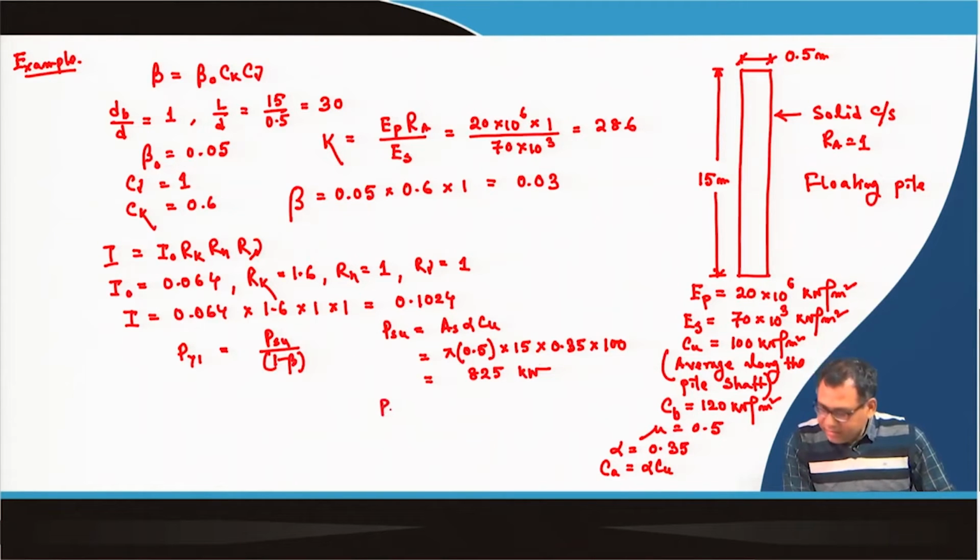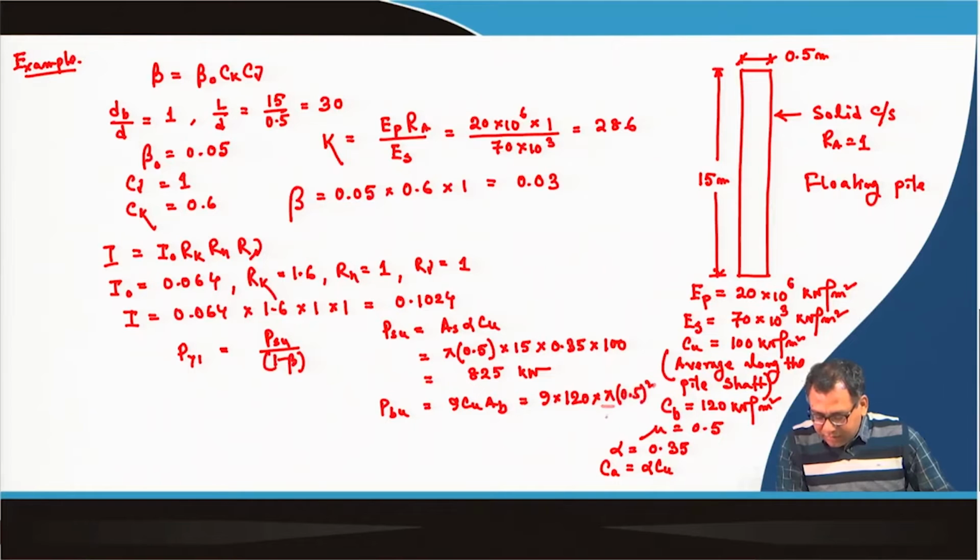Similarly, P_bu, the ultimate base resistance or the tip resistance of the pile, is equal to 9 C_u into A_b. So, this is equal to 9 into C_u at the base, which is 120, into the area pi d square by 4, where d is 0.5, squared, divided by 4.